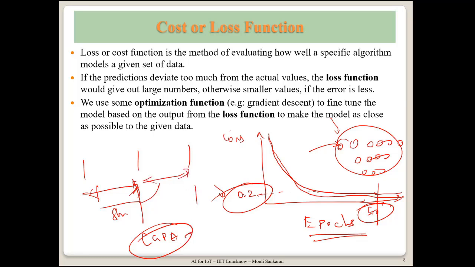So if you want to change the CGPA to something more, you need to change the model. Maybe put in more effort, be smart, try to read more and practice. So if you are not happy with 0.2 loss, you cannot keep on improving by increasing the epochs. You are not going to get anything more. So you need to change the way you work, so you change the model to do that.